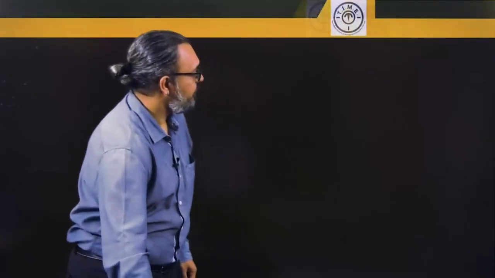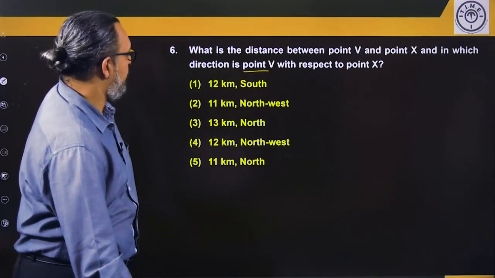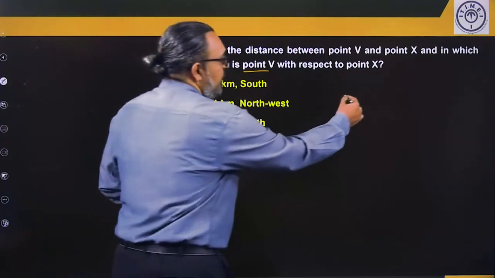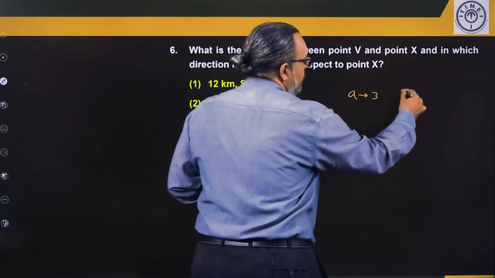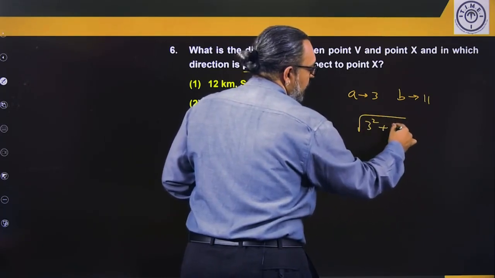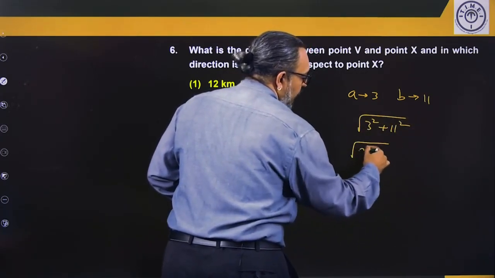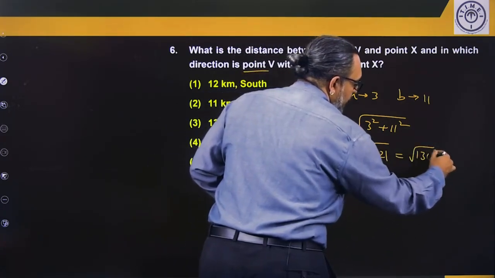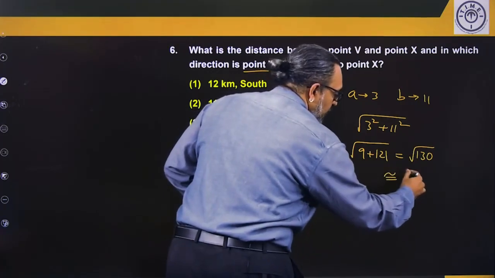Let us see. Northwest there are 2. So I need to calculate the distance. So A value is 3 and B value is 11. So it is under root of 3 square plus 11 square, under root of 9 plus 121, which is going to be under root 130, which is again approximately you can say 11 only.